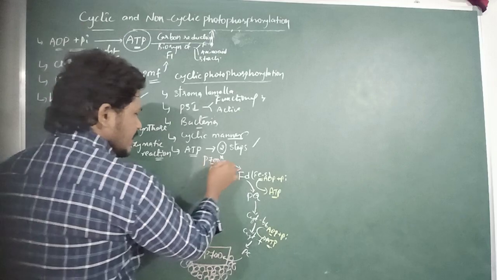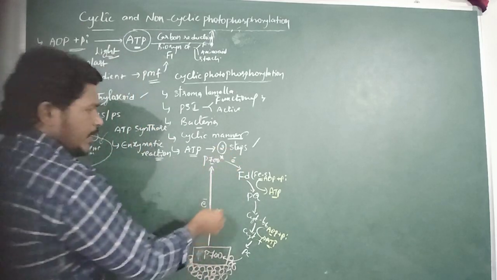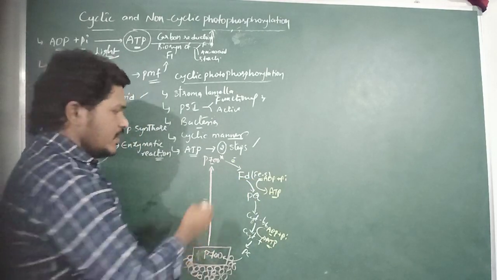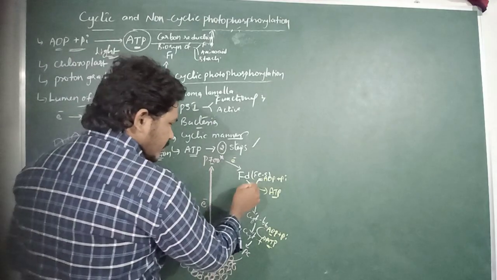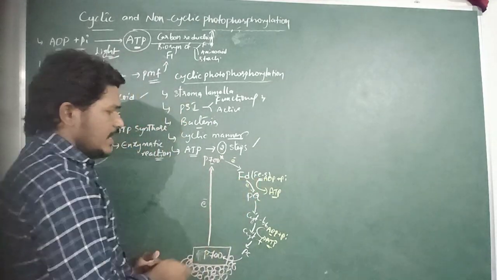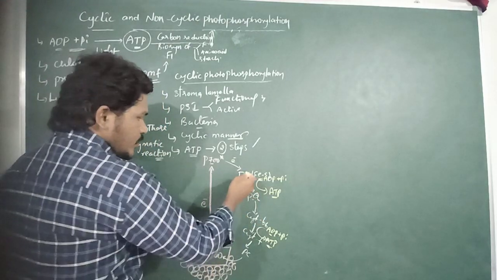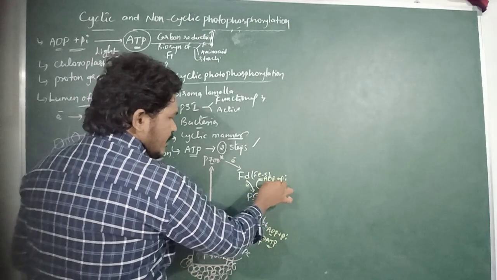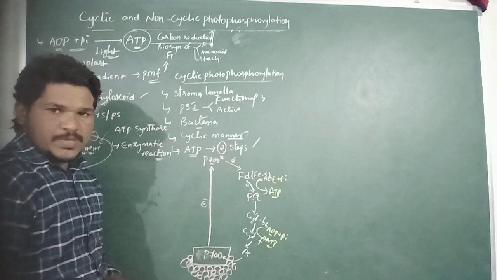The excited state of P700 donates its electron to the primary electron acceptor, ferredoxin, an iron sulfur component, which transfers its electron to the plastoquinone. During this transfer from ferredoxin to plastoquinone, an ATP molecule is synthesized from ADP and inorganic phosphate.